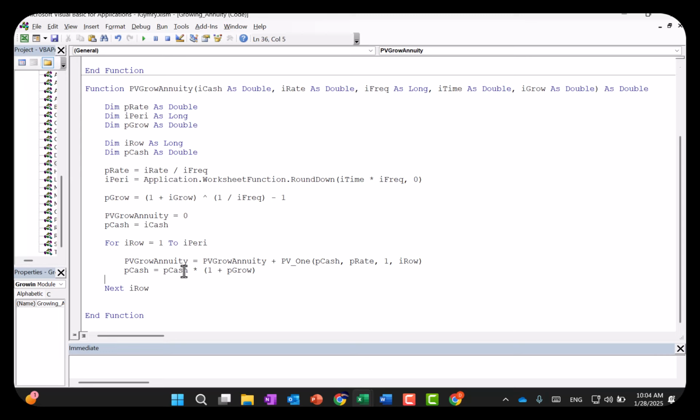Next period, I'm going to increase the payment. Then I'm going to make Pcash $101 because my period growth rate was 1%. So next time I come in, IRO is going to be 2. Okay. So I'm going to take whatever the current PV growth annuity is. No, I'm going to take $101. I'm going to discount that for 2 periods at 1%.